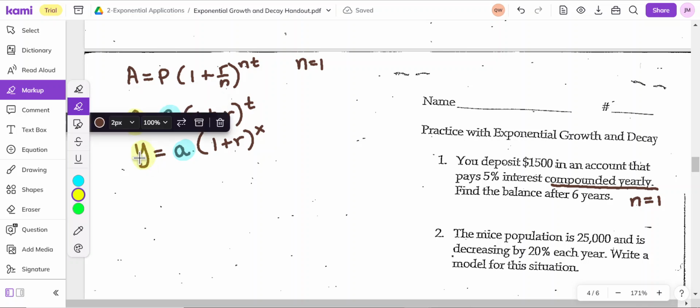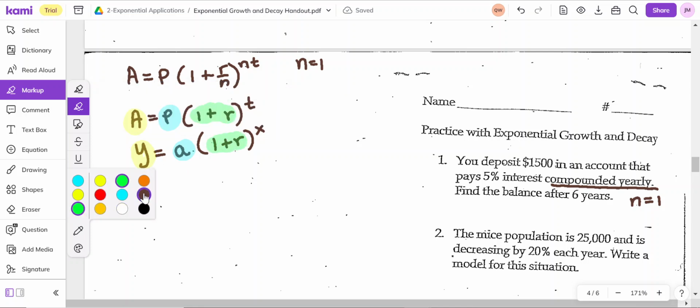The balance is our Y. And 1 plus R doesn't change, still in decimal form. And time goes with X. So the growth formula is just a simple version of the compounding formula, compounding yearly.